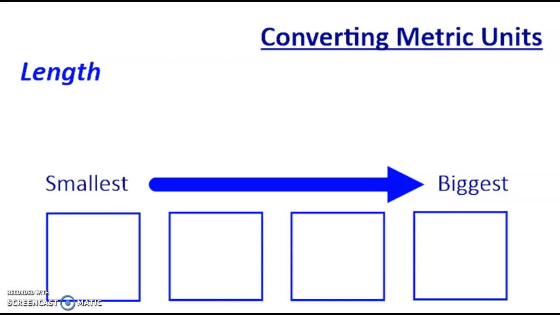I know if I want to measure something really, really small, if you have a look on your ruler, if you've got a ruler to hand, you should be able to see some of the units of length on there. Now the most common unit of length on a ruler is centimetres, which isn't our smallest unit, but it's pretty small.